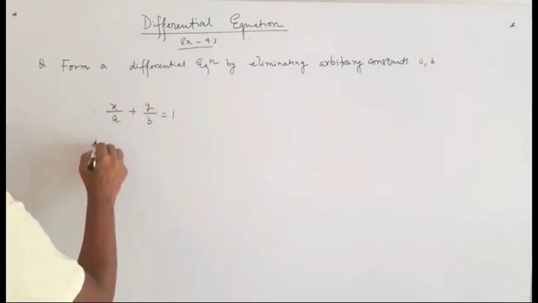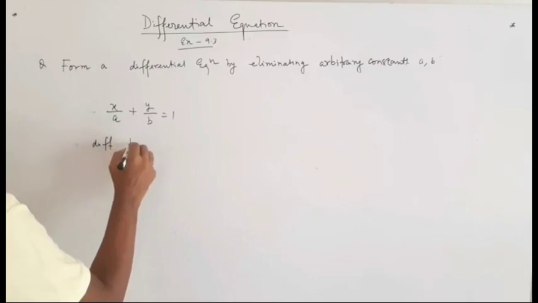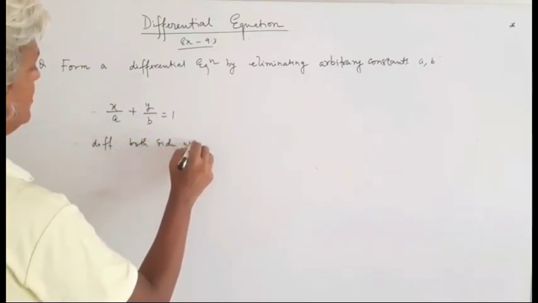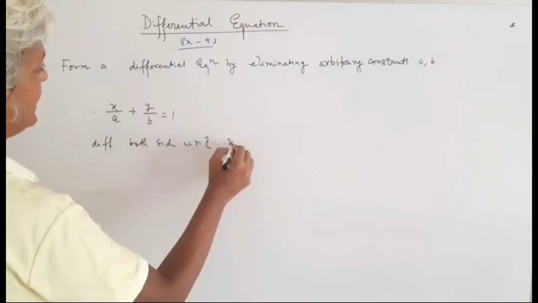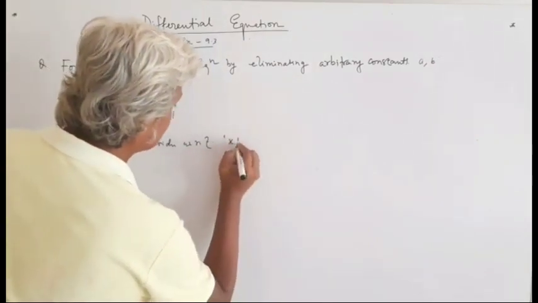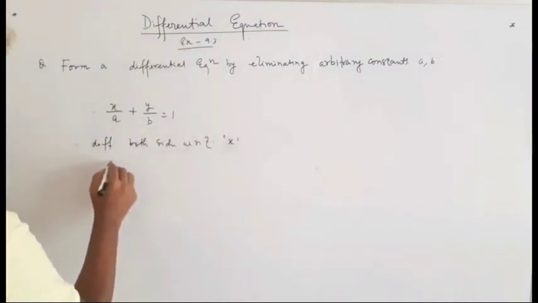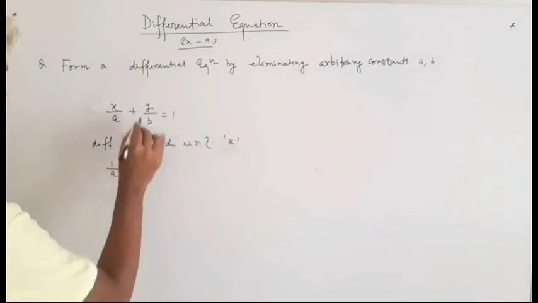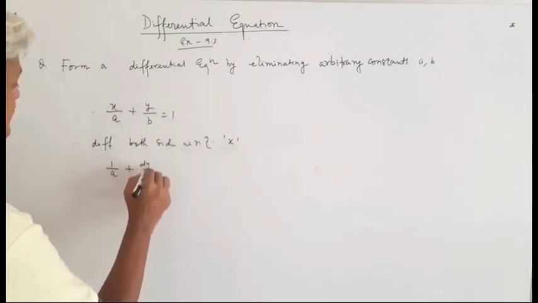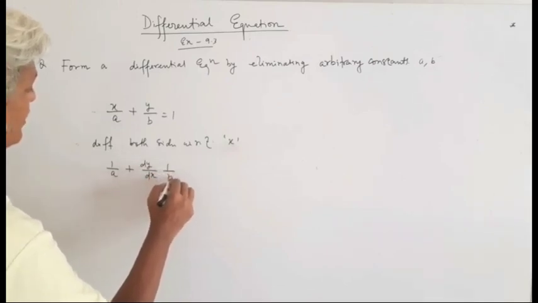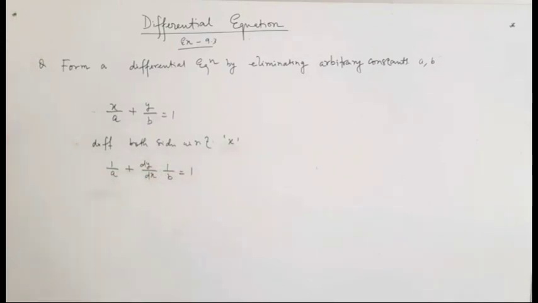Differentiating both sides with respect to x, what do you get? 1 over a, because differentiation of x is 1, plus dy by dx into 1 by b is 1.